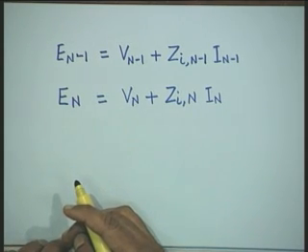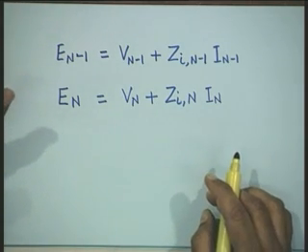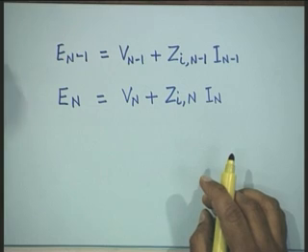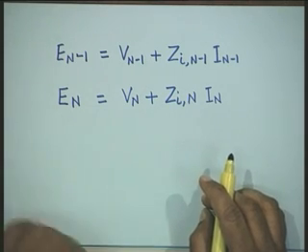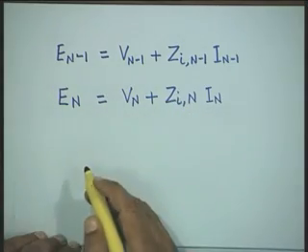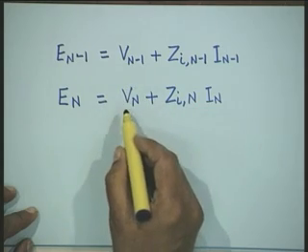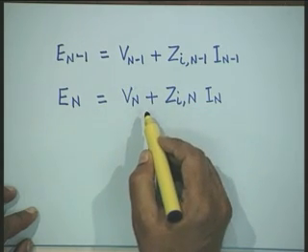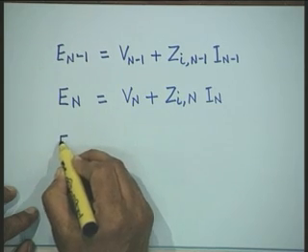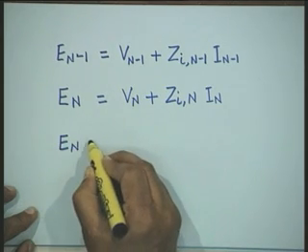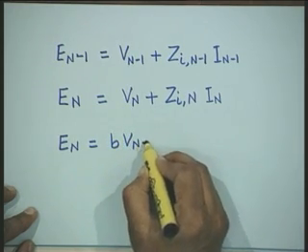Now, what should be the next step? Because we have these two equations, and one condition which we know is the relationship between V n minus 1 and V n. We can use that relationship. So, in this equation, let us first replace V n by B times V n minus 1. So, you can write down this E n equal to B times V n minus 1.